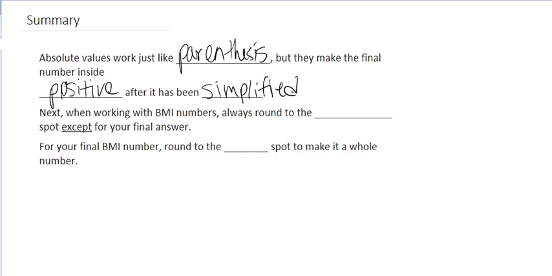This means that you must complete all the operations inside the absolute value before you can make the number positive.